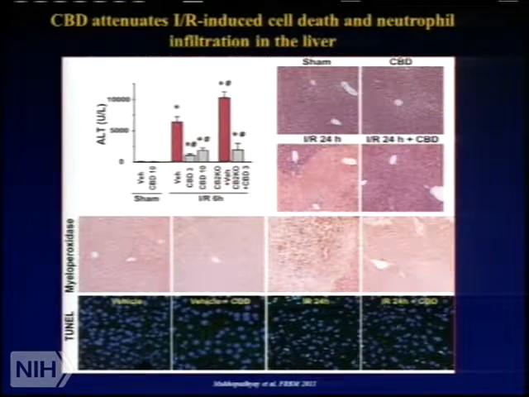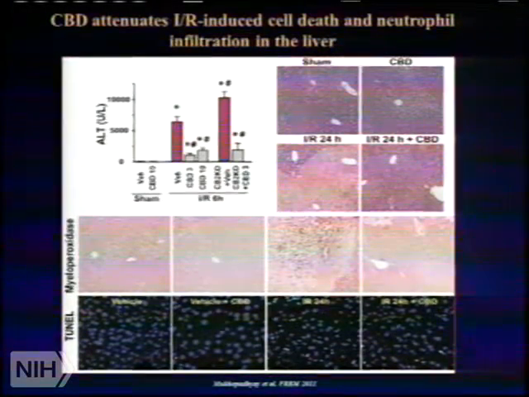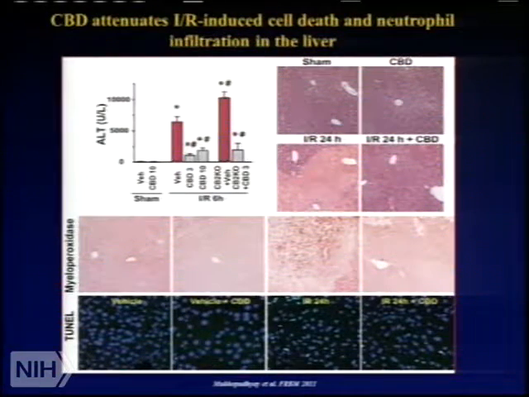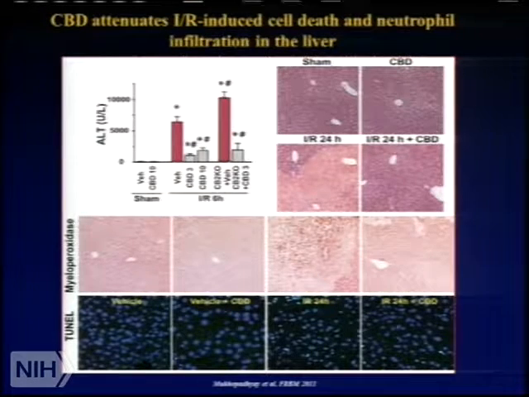So we studied cannabidiol in liver reperfusion injury. You see here there is an increase of liver transaminase, a marker of liver necrosis, 6 hours following injury, and there is marked reduction with cannabidiol. You see the necrotic area following ischemic reperfusion, which is largely reduced by cannabidiol.